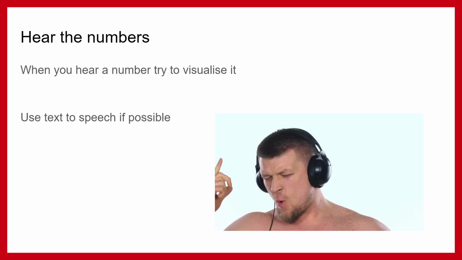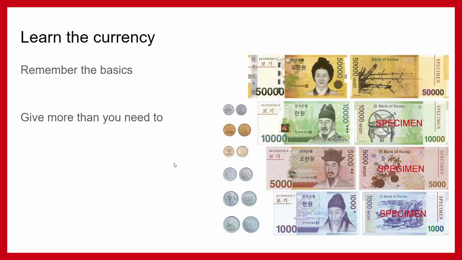Try and imagine the actual number 3,000, because the more you hear it, the more natural it becomes for you to say it. So when you hear the numbers, it becomes more ingrained within your speech as well. So make sure you're hearing the numbers and not just seeing them, and it'll help you remember the numbers better, and it also helps you produce the numbers better.